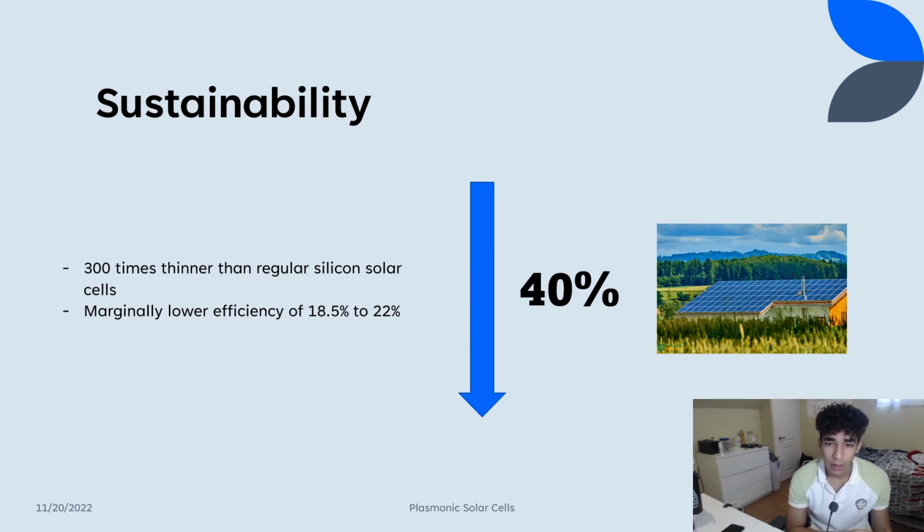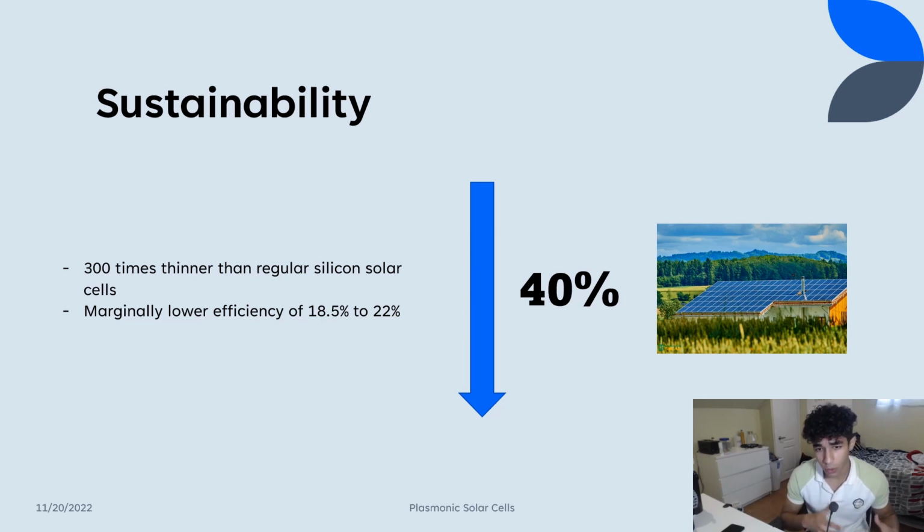Well, the way plasmonic solar cells work is that they use thin film, and we are going to jump into more details on that in the physics of operation. But what you need to know for the sustainability aspect is that plasmonic solar cells are 300 times thinner than regular silicon solar cells. 300 times thinner.